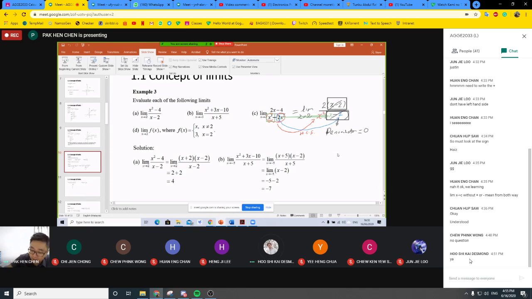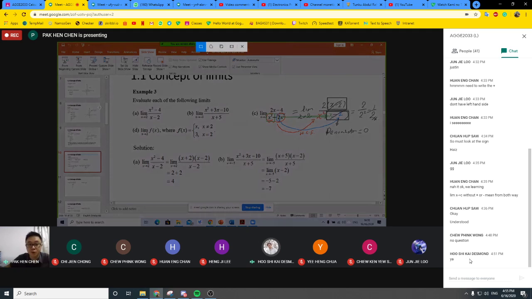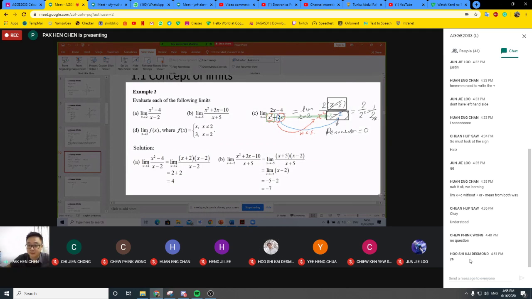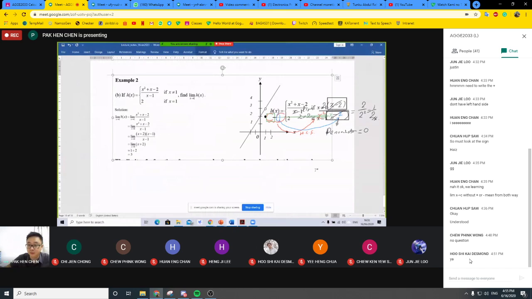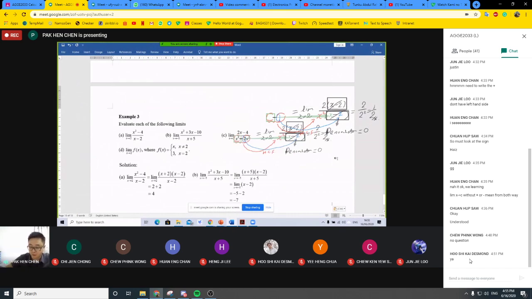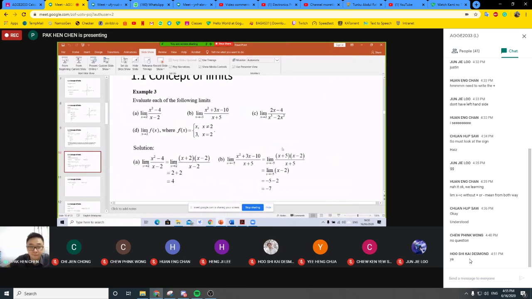Now you can start to substitute 2 into it, and then we get the final answer of 1/2. Understand? Okay. So I'm going to copy this example answer into our reference later on.